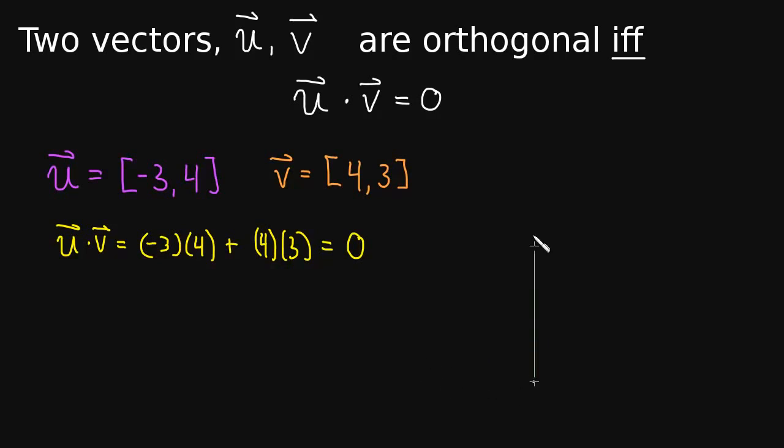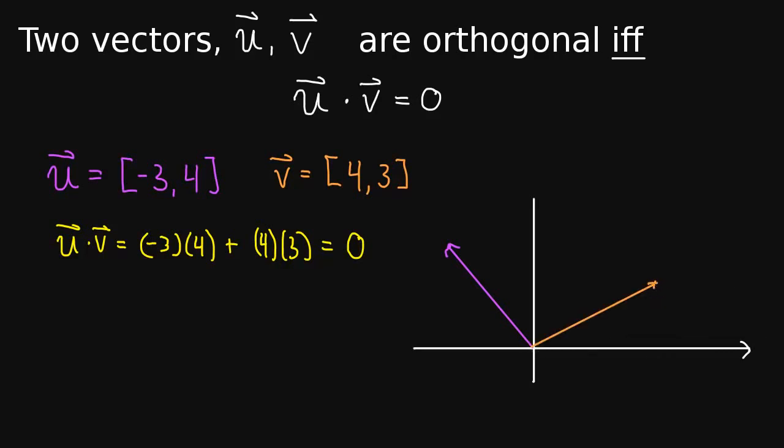So let's take a look at what they look like if we were to graph them. So u is -3, so we'll go over 3, up 4: (-3, 4). So it's kind of a rough sketch. And then v is +4 and up 3, so about there.